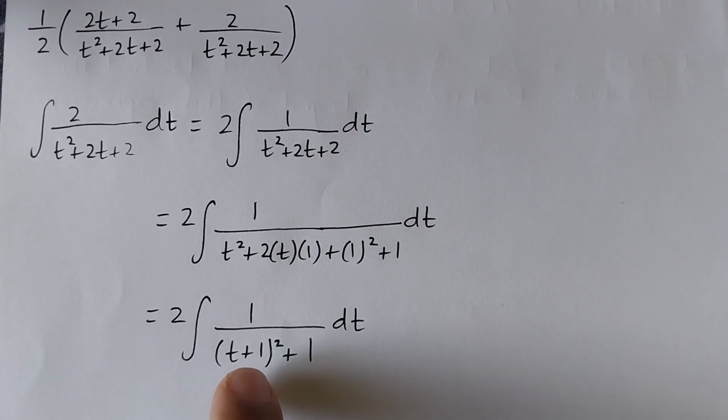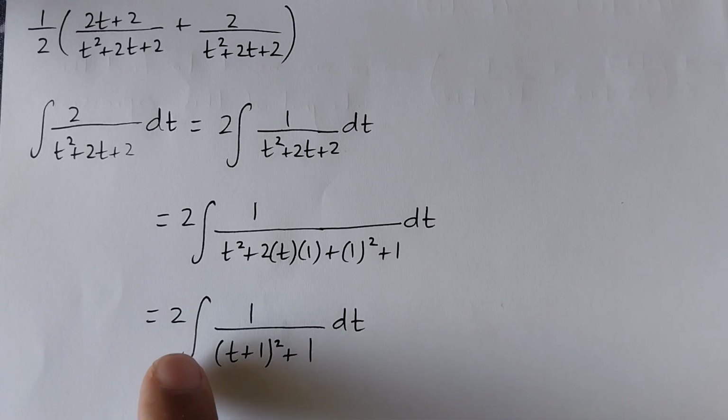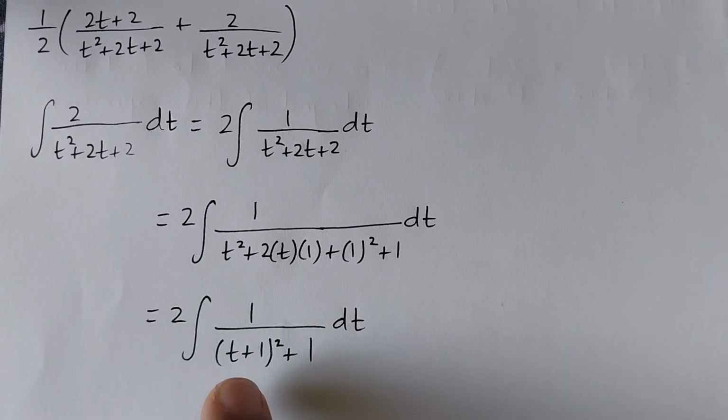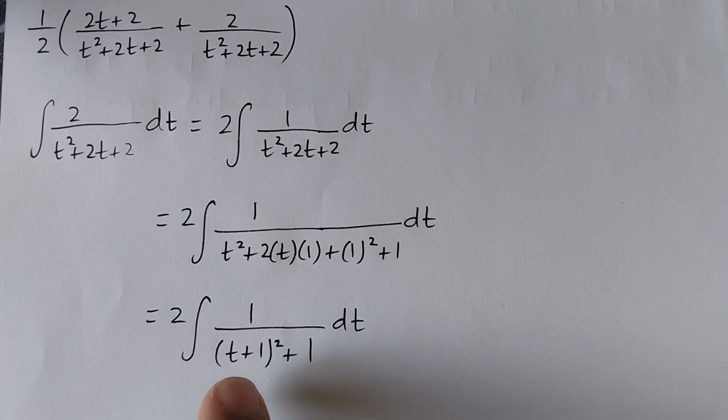So this is the derivative of tan inverse of t plus 1, and the whole answer will be 2 times tan inverse of t plus 1.